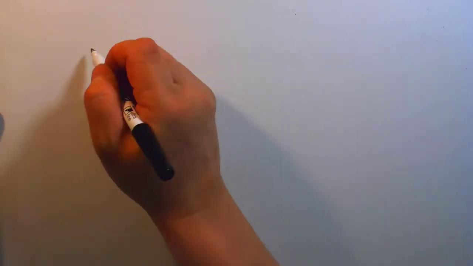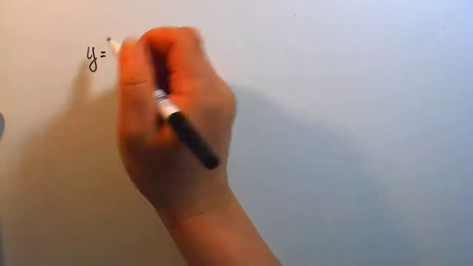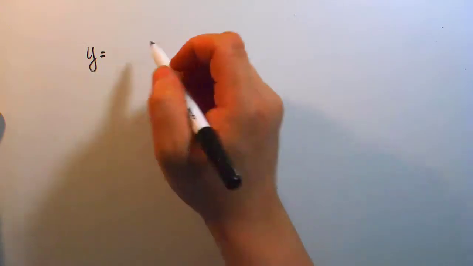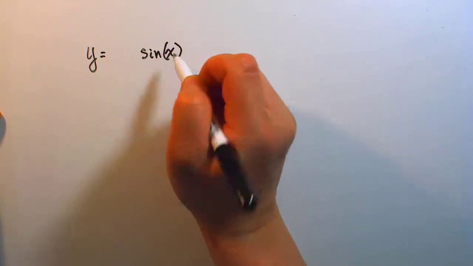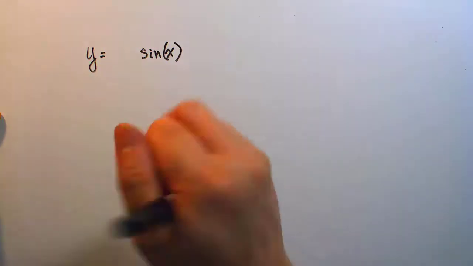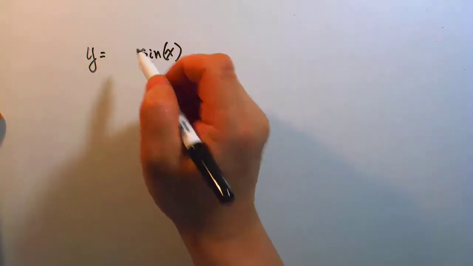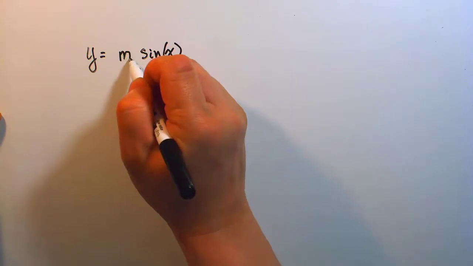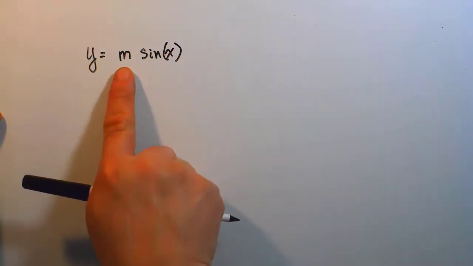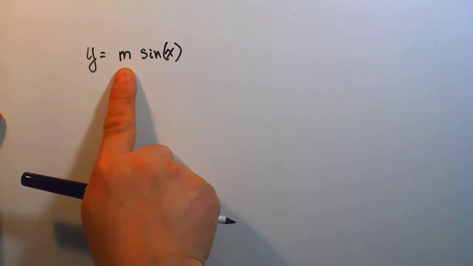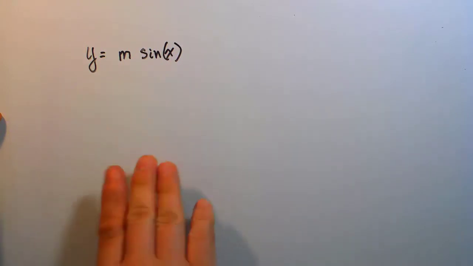So here's the generality about what we have investigated so far. Starting out with our trig function being sine of x, throughout our investigation we multiplied with a coefficient m in front of that. We tried when m was a positive number and when m was a negative number, and we saw some changes to the graph.